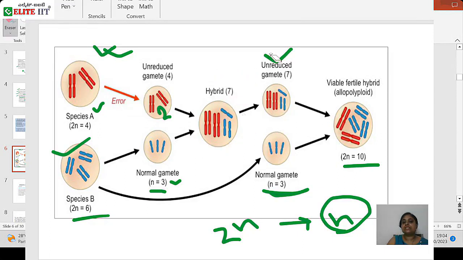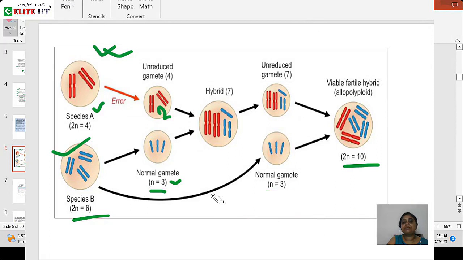What is happening now? First of all, we are making one hybrid. In the hybrid, it should be 5, but you are getting 7 chromosomes. Then with the 7 chromosomes, you do the fertilization with a normal gamete, that is 3. So finally, you are getting 10.